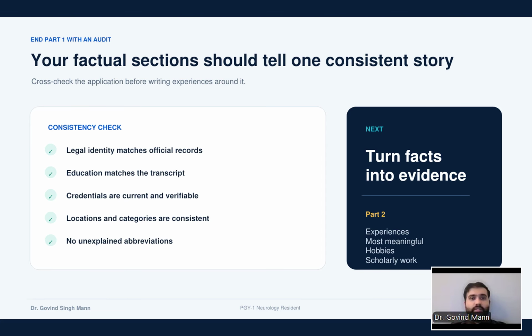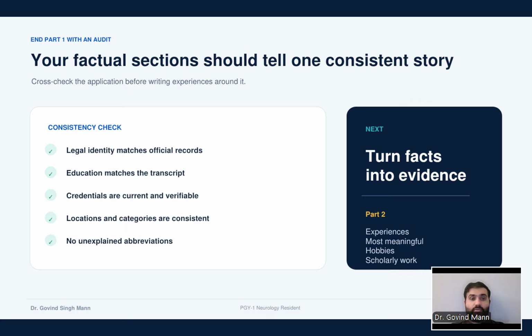So overall, all these things are important here. Again, it's all about cross-checking whatever information you're putting here. Just take a look. Sometimes there might be some discrepancies, so make sure you address that. Just make sure these checkpoints are covered. Your legal identity matches official records.